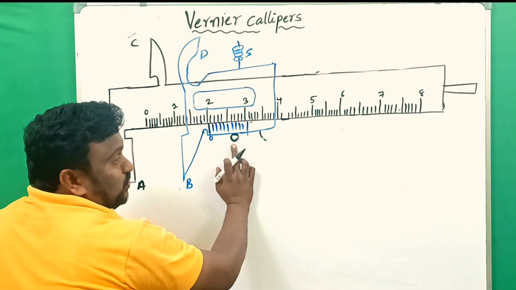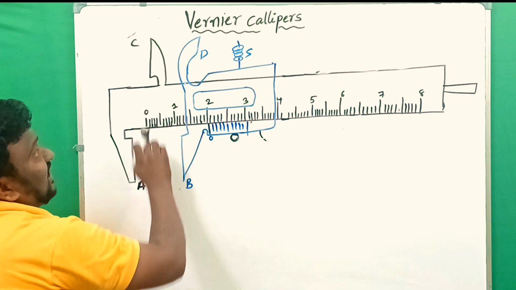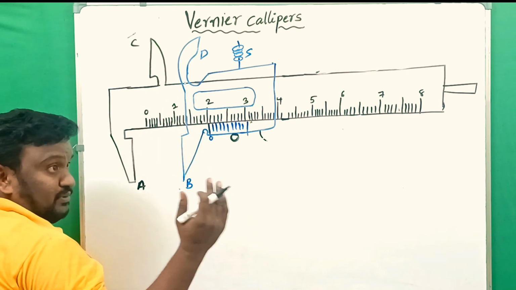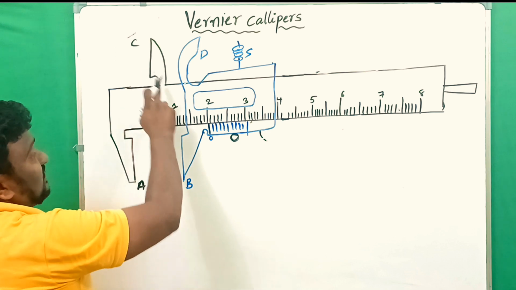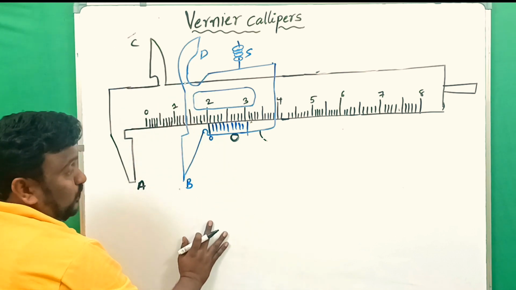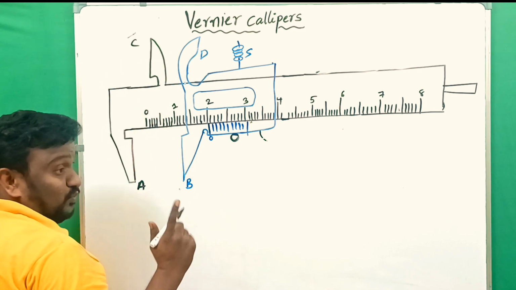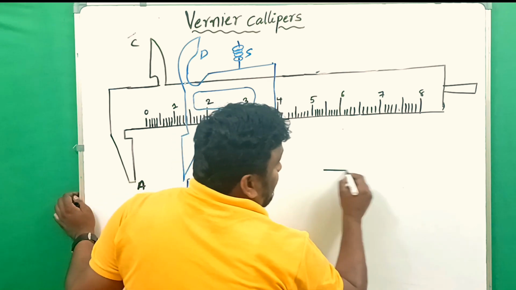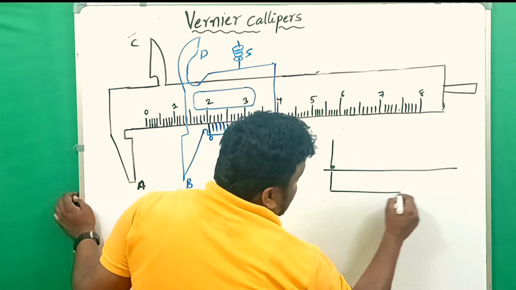With the help of this screw we have to make A and B, and C and D come into contact. Once these two come in contact and these two come in contact, we have to check whether the main scale 0 and vernier scale 0 are in a line.